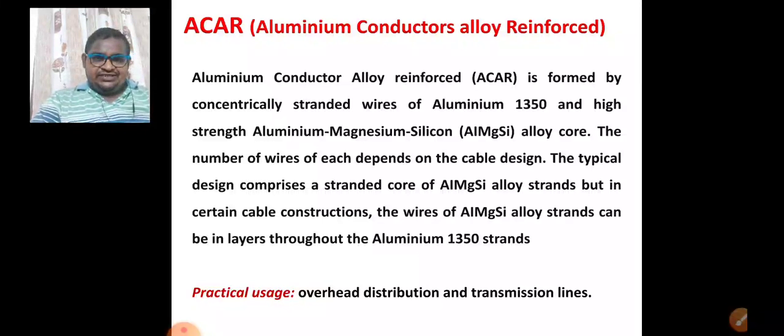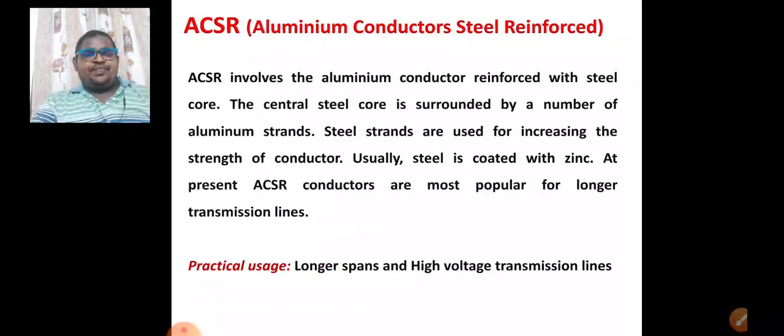Practically we use it in overhead distribution and transmission lines. Next one is ACSR. Nowadays most of the transmission lines use this type of wire, aluminum conductor steel reinforced. ACSR involves the aluminum conductor reinforced with a steel core. The central steel core is surrounded by a number of aluminum strands.